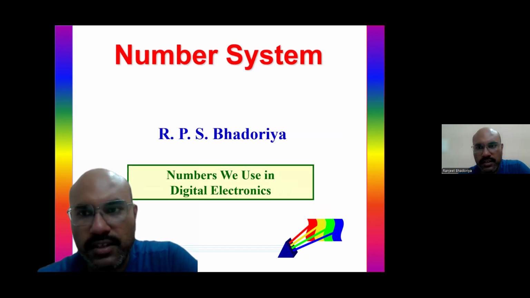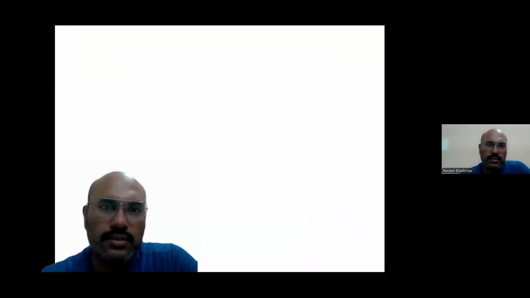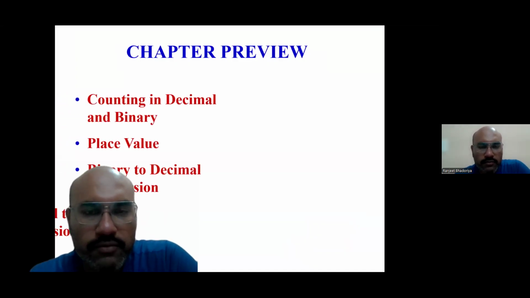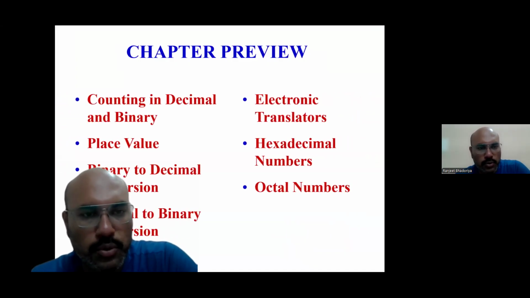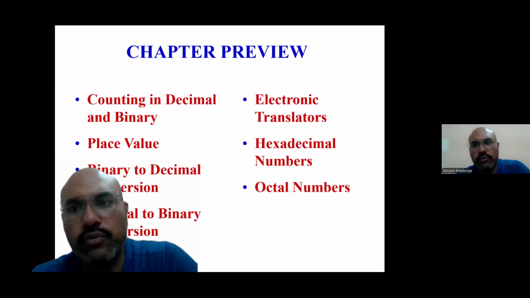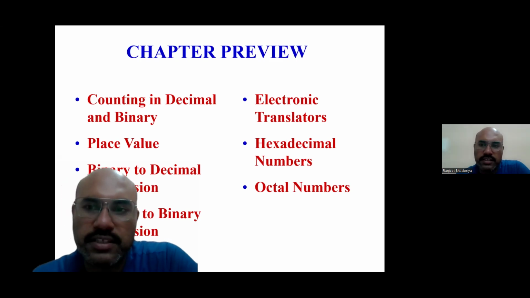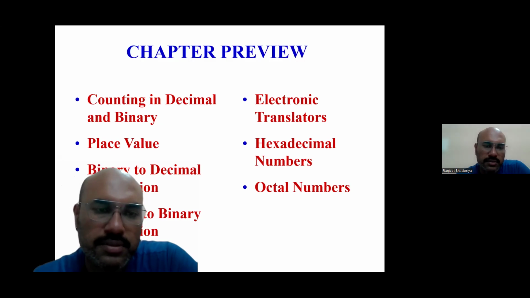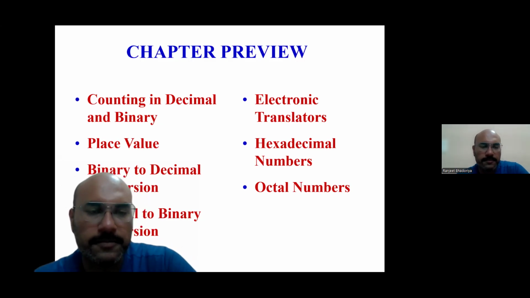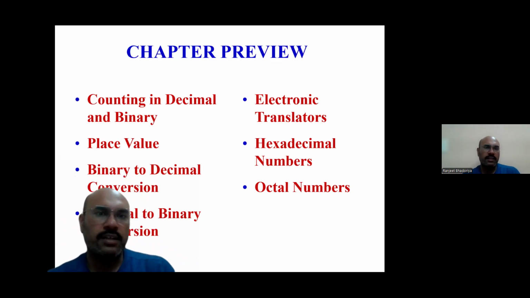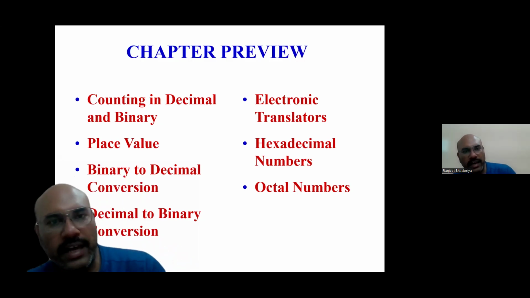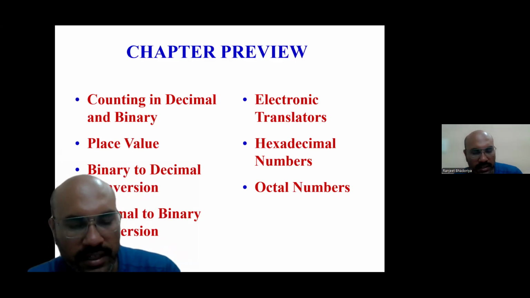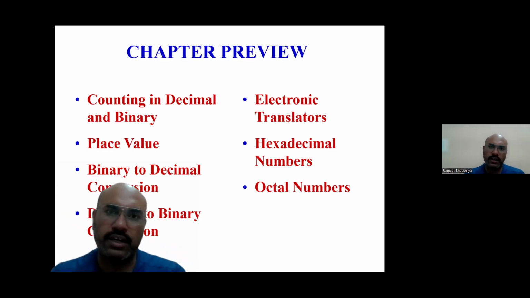Numbers we use in digital electronics. The outline of this presentation includes counting in decimal and binary, and the significance of place value, which is a very important aspect when we talk about number systems. Along with place value, we will cover binary to decimal conversion and decimal to binary conversion, and how we do that.